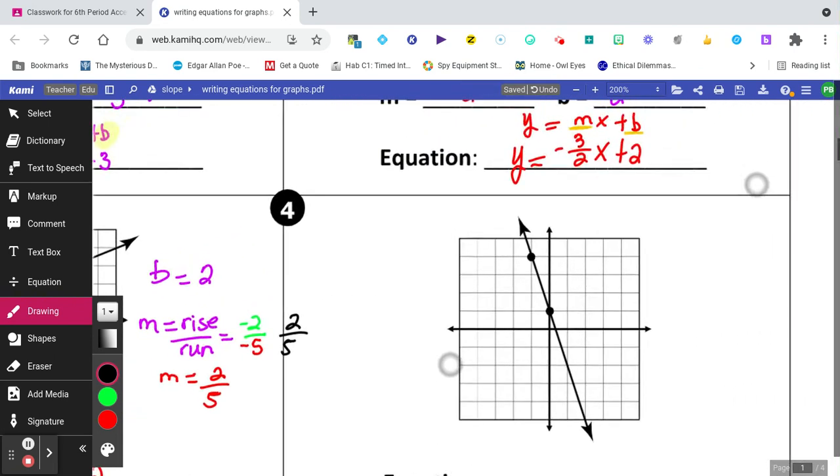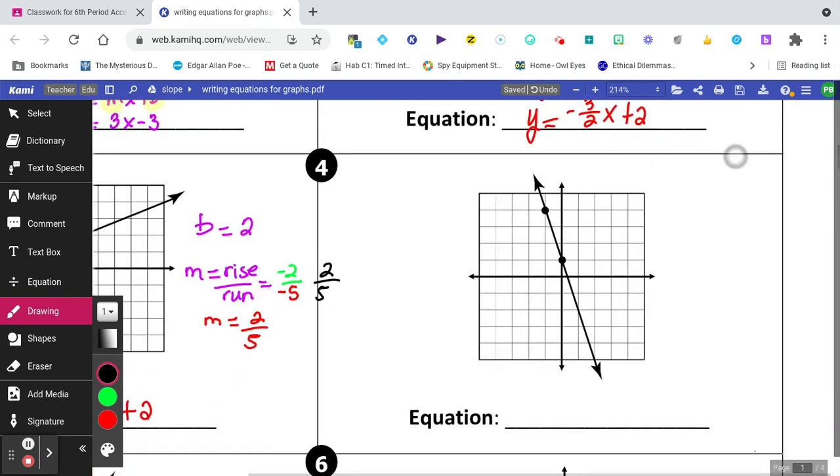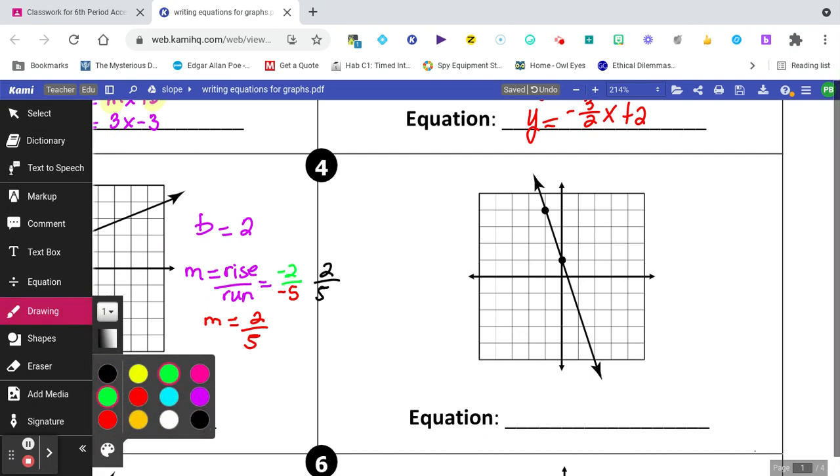And let's take a look at 4. So on 4, my y-intercept is +1. And on 4, I need to calculate rise and run.